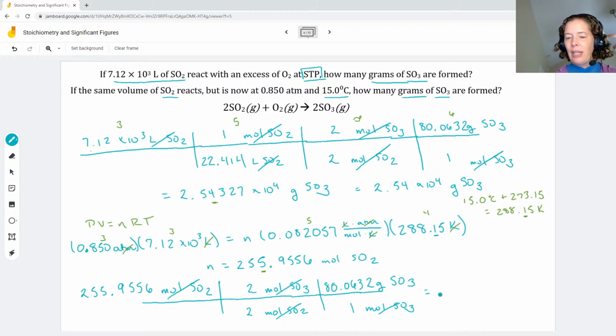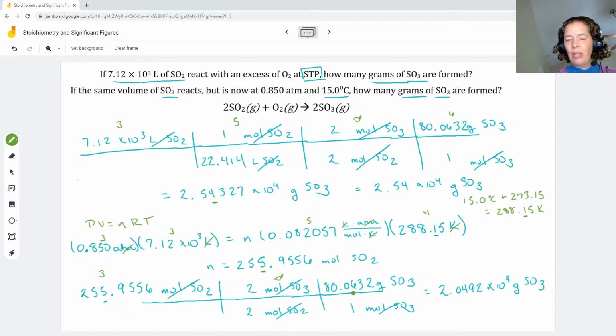So this, again, with all of the decimals that I know I'm not going to need, is 92 times 10 to the 4th grams of sulfur trioxide. Okay, so I need my little reminder mark here for sig figs. I have 3 sig figs in my moles of sulfur dioxide. This is infinite.